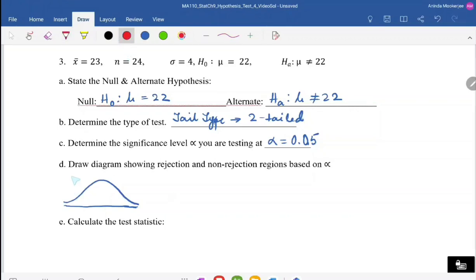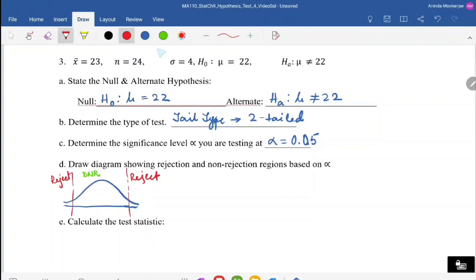So it's going to look like this. We are going to have two cutoff points, one reject region to the left, the other reject region to the right, and in between there's going to be a do not reject region.